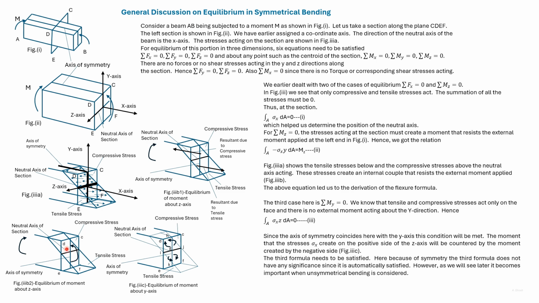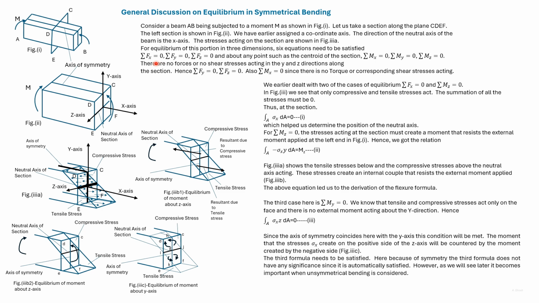The portion of the body is thus in equilibrium due to an external moment and an internal moment. However, on the internal section, the stresses make up the internal moment, from which we have found the flexure formula.